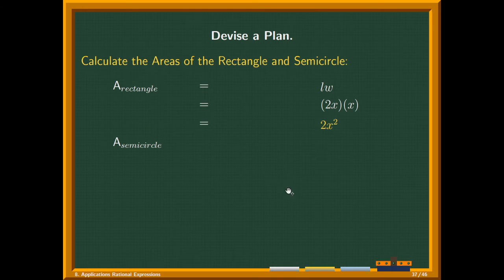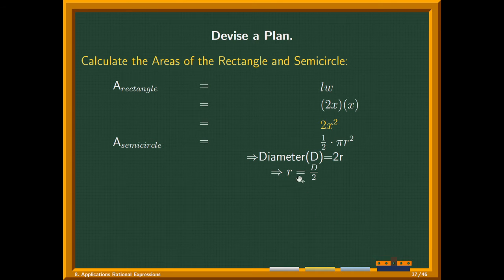Second is the area of a semicircle. So we have half of a circle, so 1/2 times pi r squared. Now notice that the diameter is twice its radius. Therefore, the radius is half of its diameter.